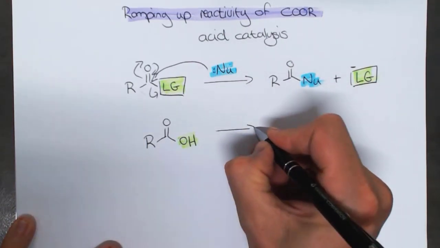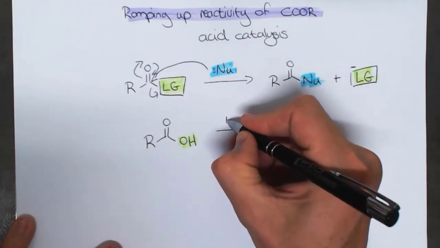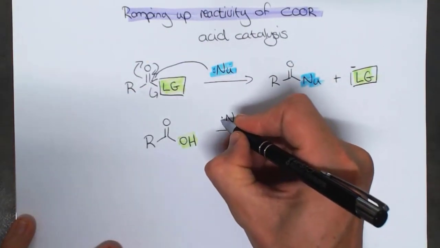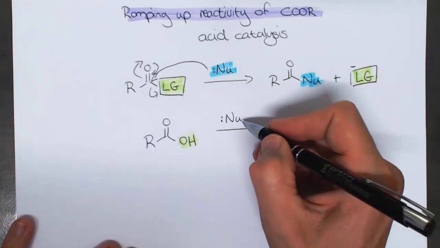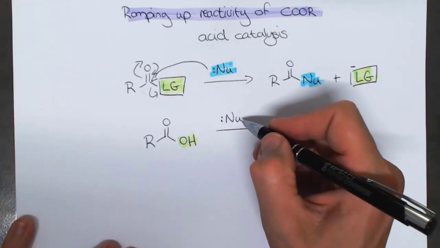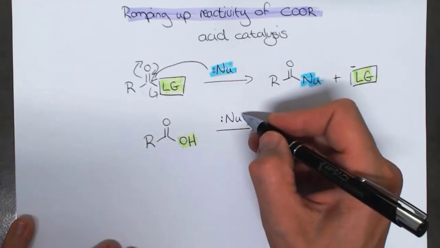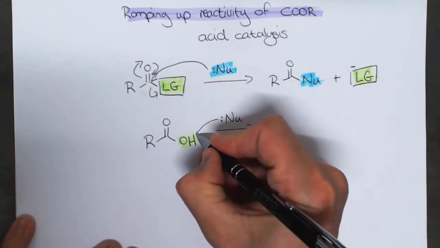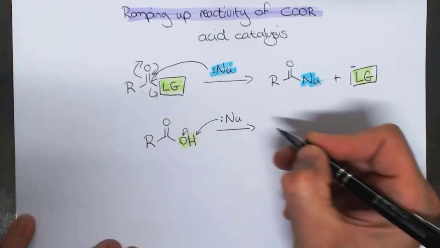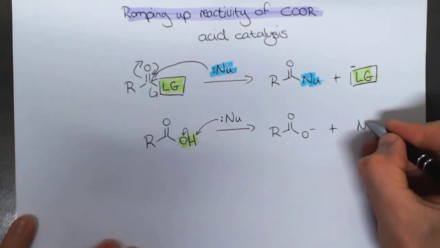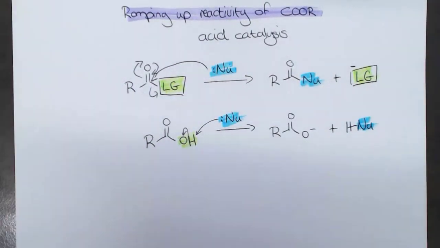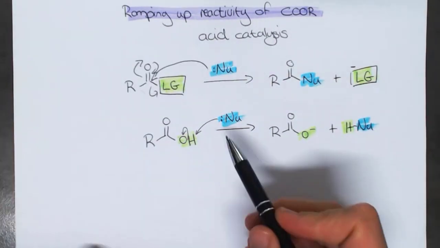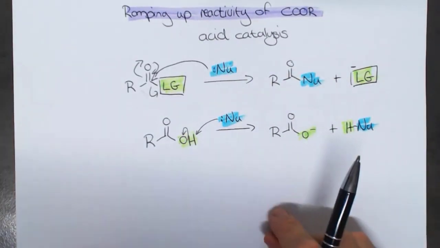And so the problem with doing this type of reaction, if we're using some kind of nucleophile, whether it be a weak amine or an alkoxide, is that it is going to take off that proton, and the bond is going to break, and we're going to end up with the carboxylate, which looks like this. And so carboxylic acids cannot react this way. It's just impossible.